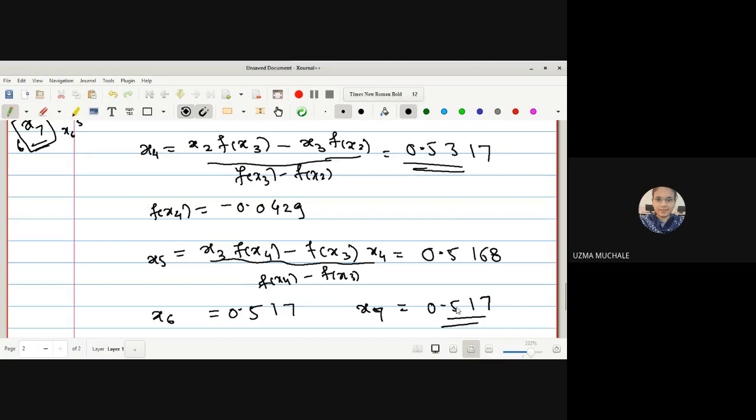Okay, so here if you get 5 and 7 repeated, you can stop the iterations. Everyone should solve it and tell me the answers, whether you get the same answers, that is 0.517.